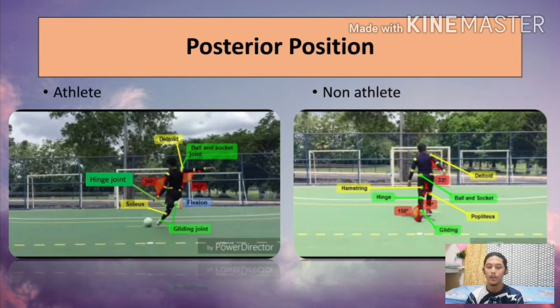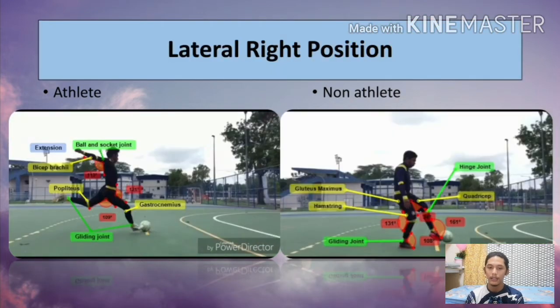The position of the athlete is more stable and will get more momentum compared to the position of the non-athlete. Next is the lateral right position.